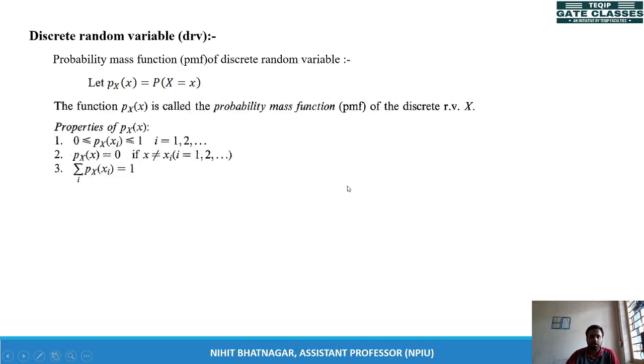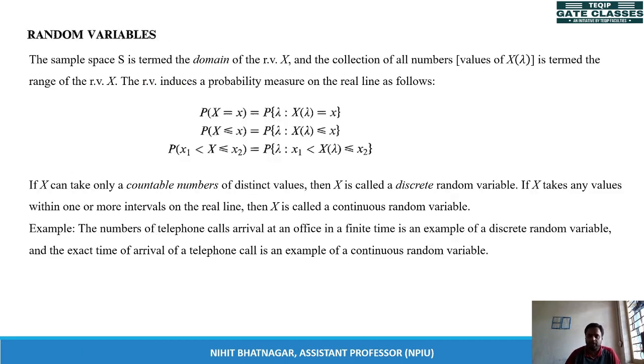There are two types of random variables. The first is discrete, and the other is continuous.